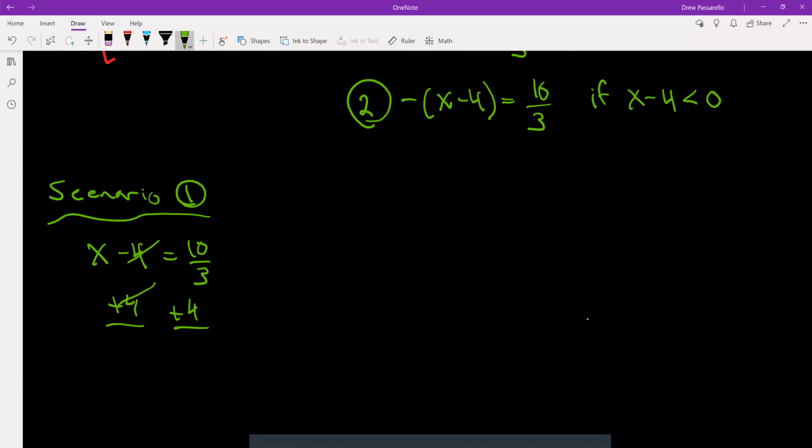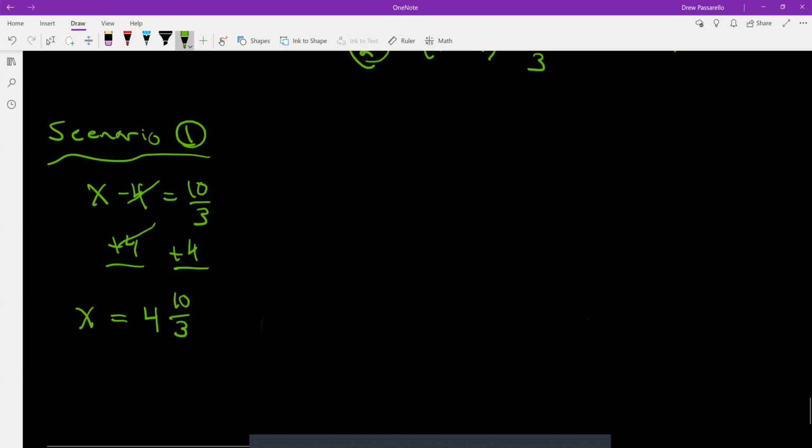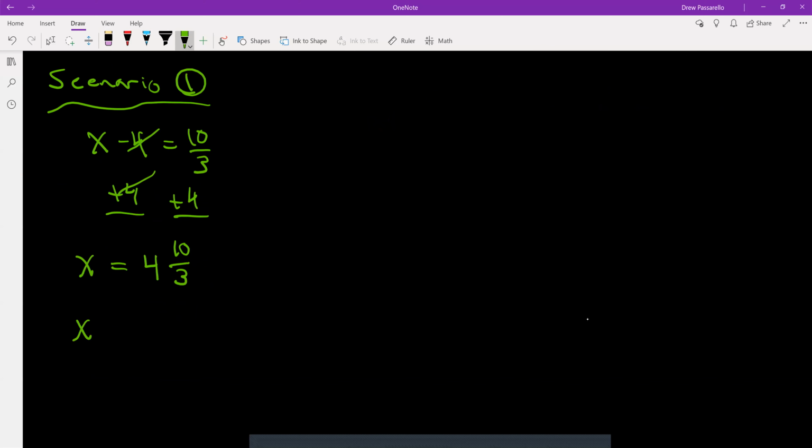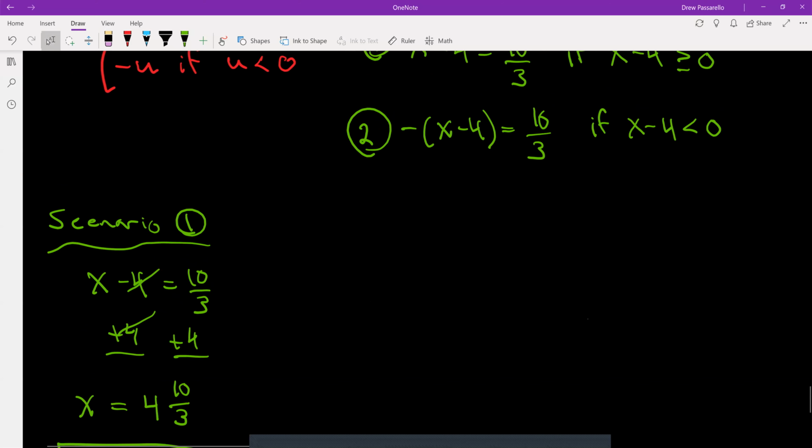And that's going to be x equal to 4 and 10/3, which I would convert into an improper fraction. So 3 times 4 is 12, 12 plus 10 is 22. So this would be 22/3. All right, that's the answer for scenario 1. Scenario 2.